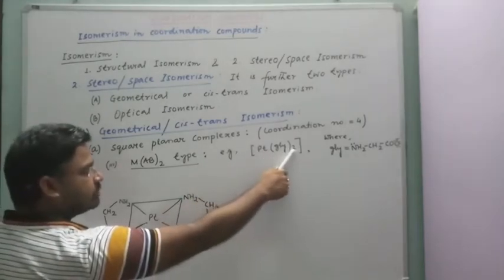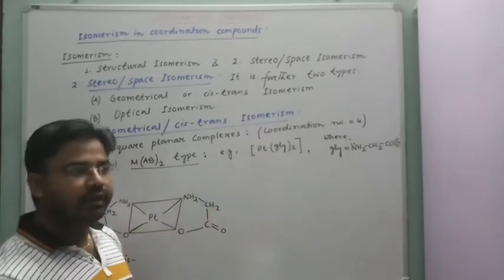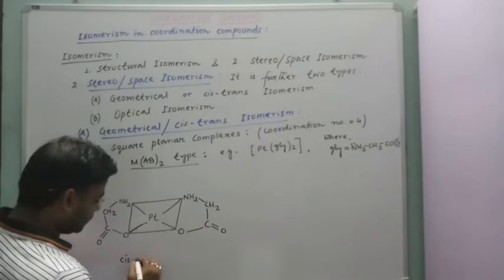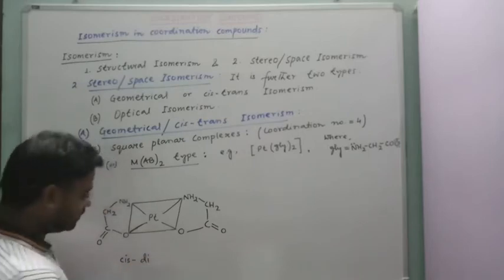Then the name of this compound is, glycinate ion is a didentate ligand. So cis, its common name is diglycinato.